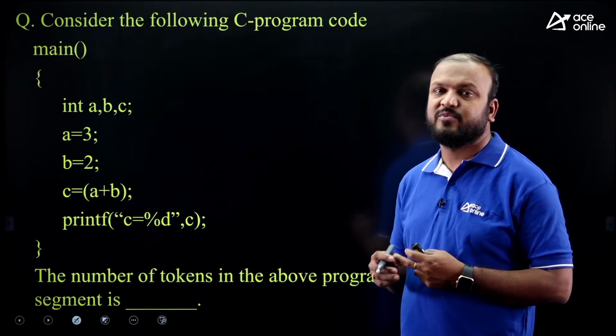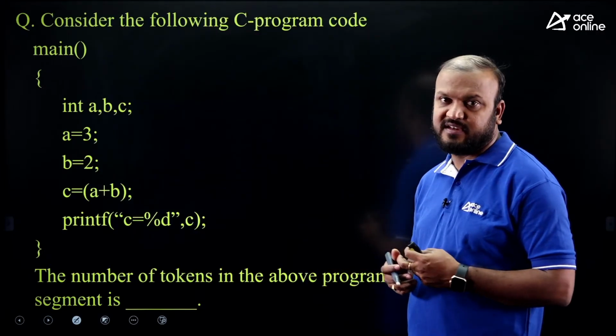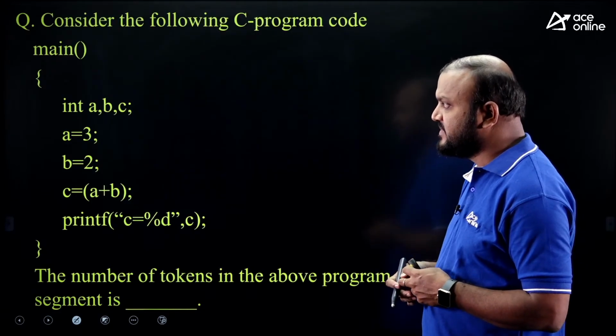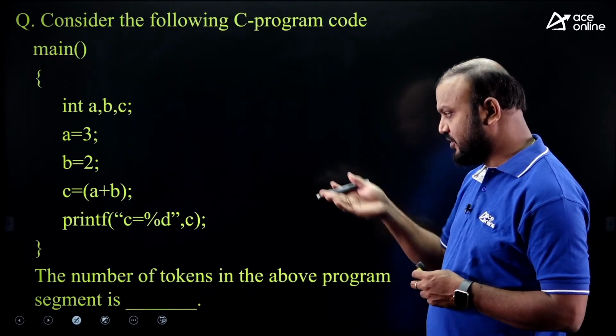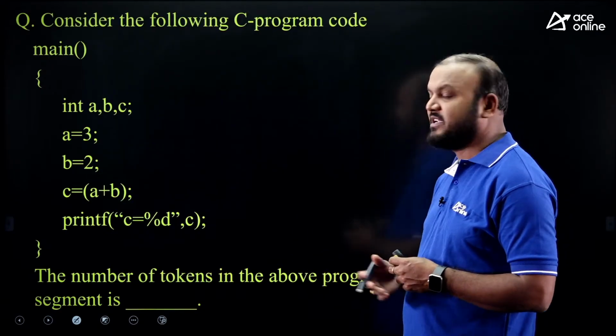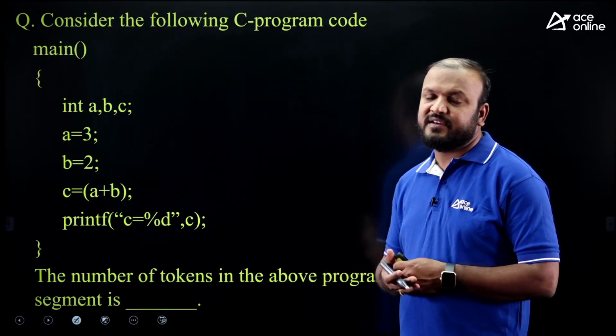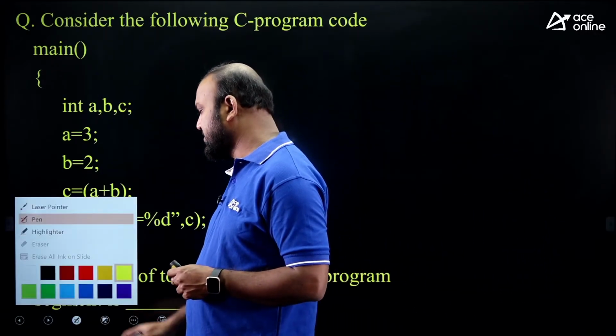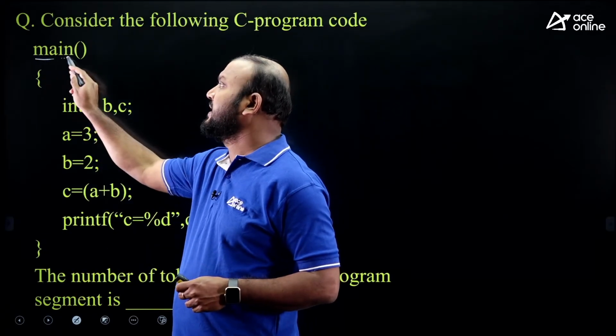Mostly you can expect C programs only, because C programming is part of the GATE syllabus. A program may be given and you are asked to find the number of tokens in the program segment. What is a token? A token is a logical unit of a program. Now how many tokens are there here?